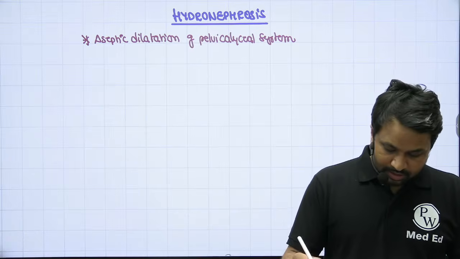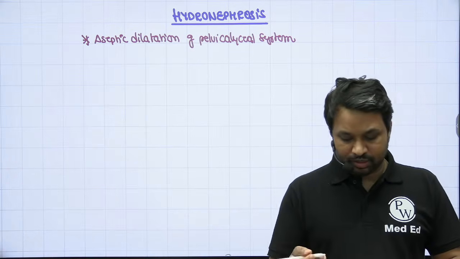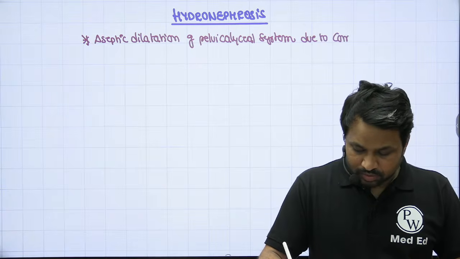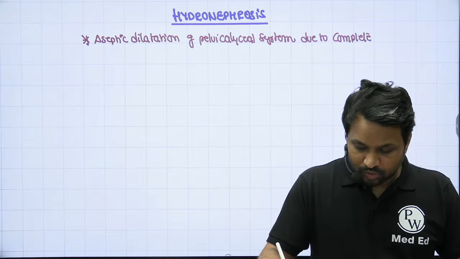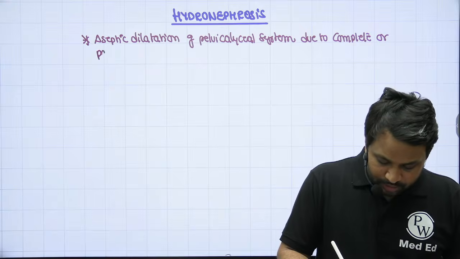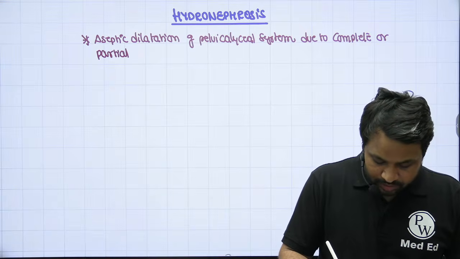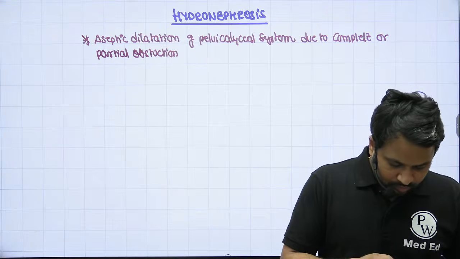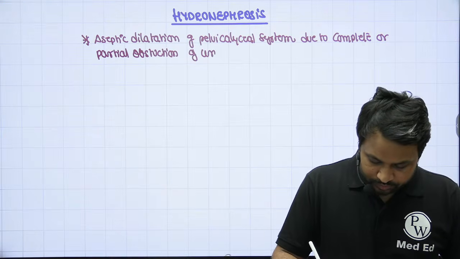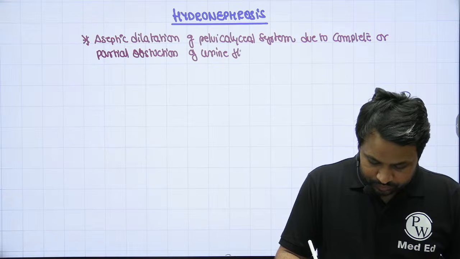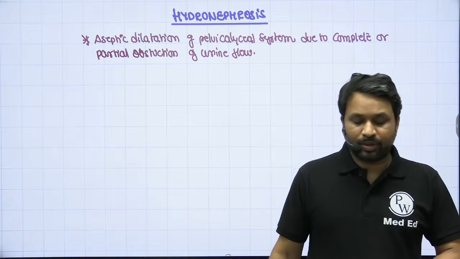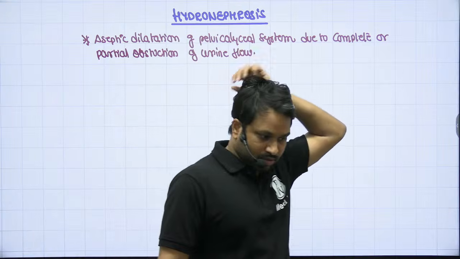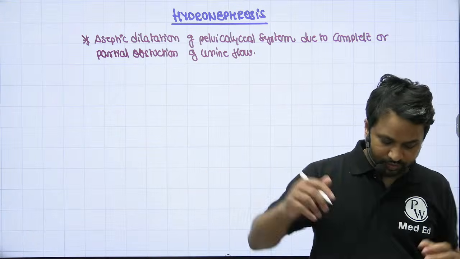Now this aseptic dilatation of the pelvicalyceal system may be due to complete or partial obstruction of urine flow, and this is what we call hydronephrosis.